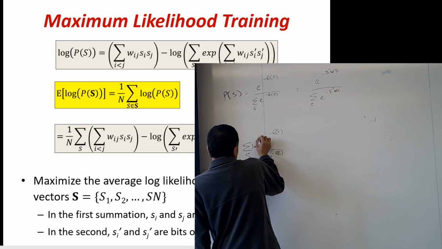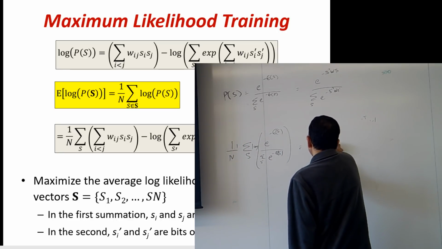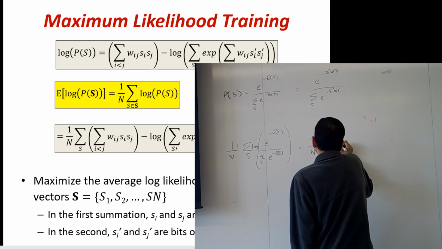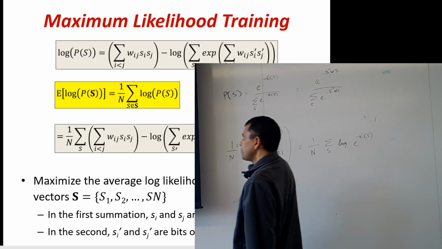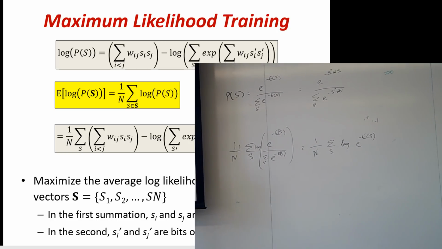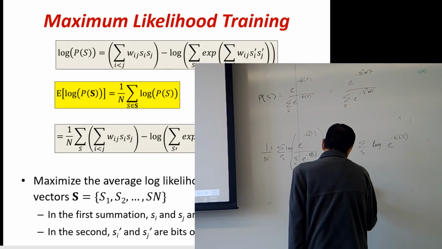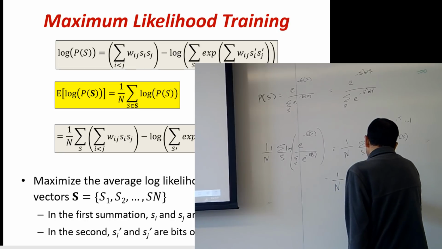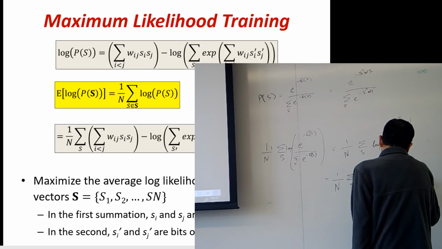This is 1 over n summation over s log of e raised to minus energy of s, which gives me this very first term here. This is the log of the energy, right? Minus 1 over n summation over s log of summation over s prime exponent of minus energy of s prime.